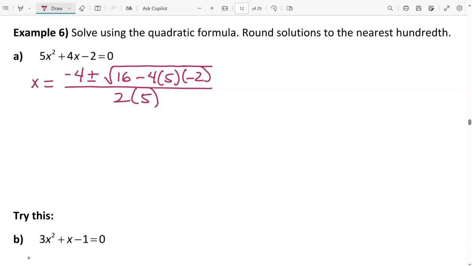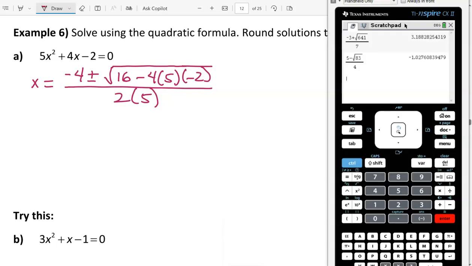Once we have all of that entered, it is fair to use the calculator to evaluate each expression. Now it's important to remember that there are two expressions to evaluate. One has a plus sign and one has a minus sign. First, I'm going to enter the expression with plus. So Control divide for a fraction, and on the top, negative 4, and then plus.